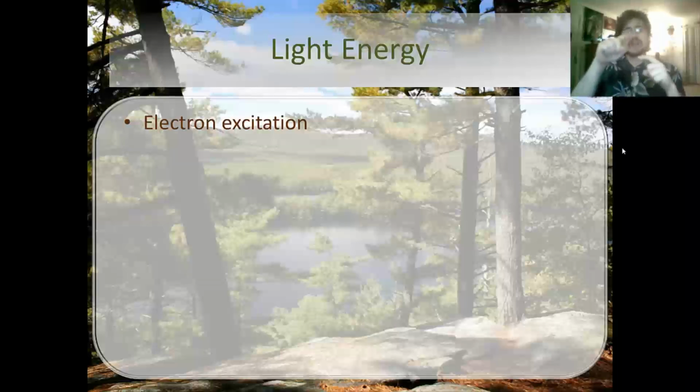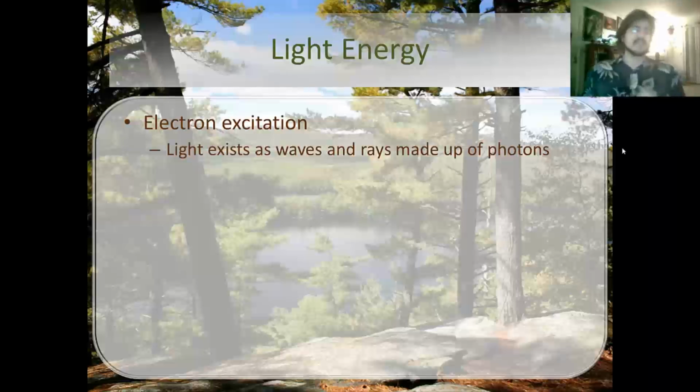So this electron in the second orbit, with its increased potential energy, will now fall back down to its original orbit. And when it goes back down to its original orbit, it releases that potential energy as light and heat. Now, in photosynthetic pigments, it's not electrical energy that's causing excitation, it's light energy.